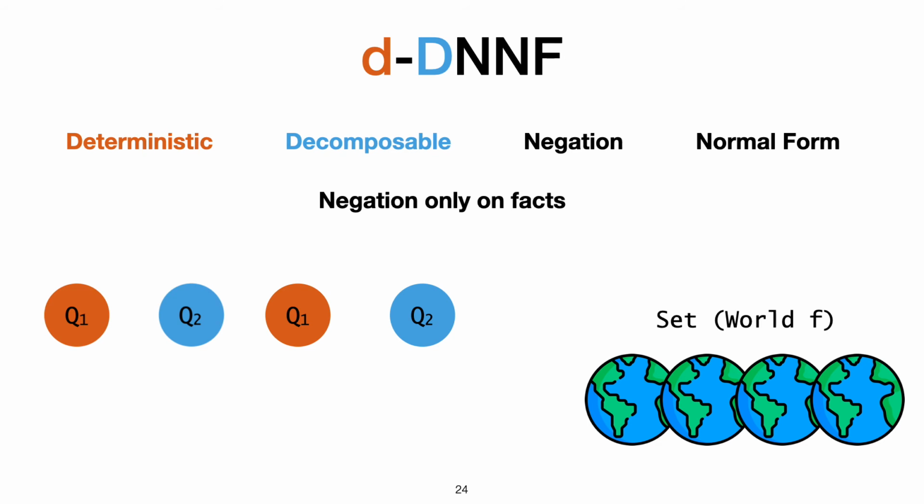And actually, we are lucky, because we don't have to look far for such a d-DNNF, as our possible world representation is in fact isomorphic to this structure. And indeed, it is a disjunction of mutually exclusive worlds, and each possible world is a conjunction of independent facts. And indeed, also negations only appear on facts.